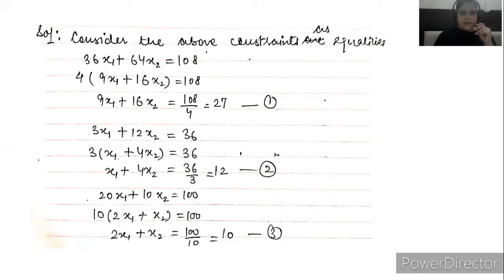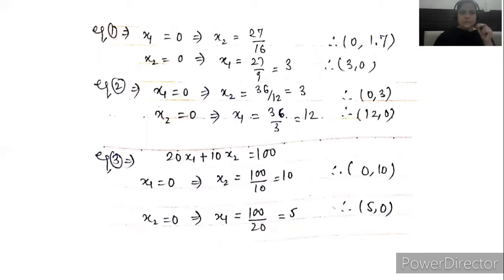The third constraint is 20x1 plus 10x2 is equal to 100. Take 10 common from the left hand side and divide it on the right hand side. The third constraint becomes 2x1 plus x2 is equal to 10. In equation 1, when you put x1 is equal to 0, x2 becomes 27 by 16, that is nearly 1.7.